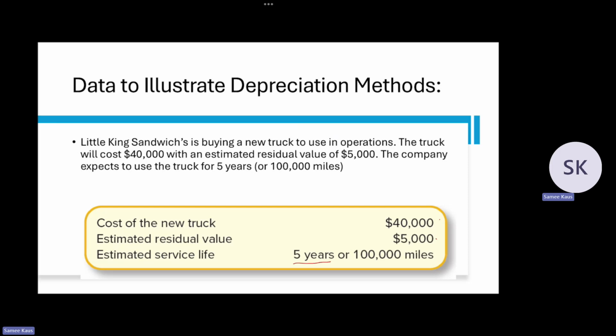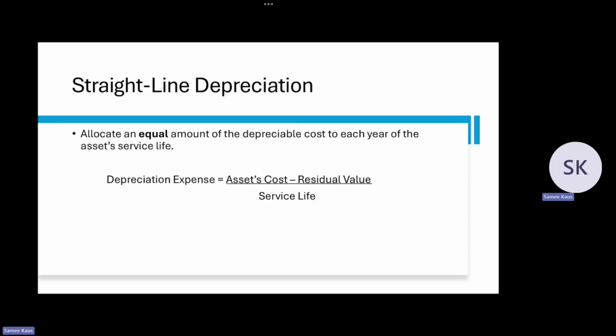I'm going to use it for 5 years or 100,000 miles. That's important because the years are going to be important for straight line or declining balance. The miles are going to be important for activity based. Okay, so it's got to specify both so that we can go through and apply the appropriate method.